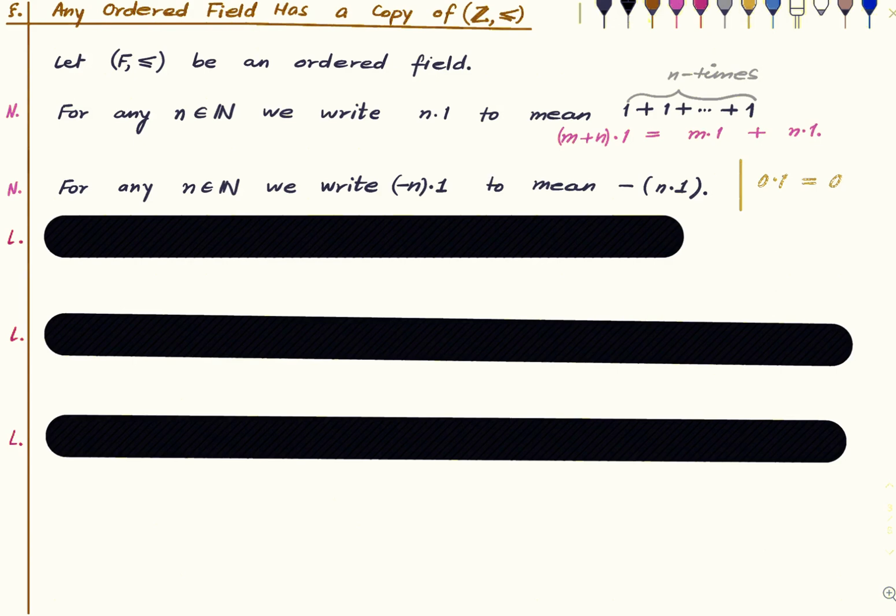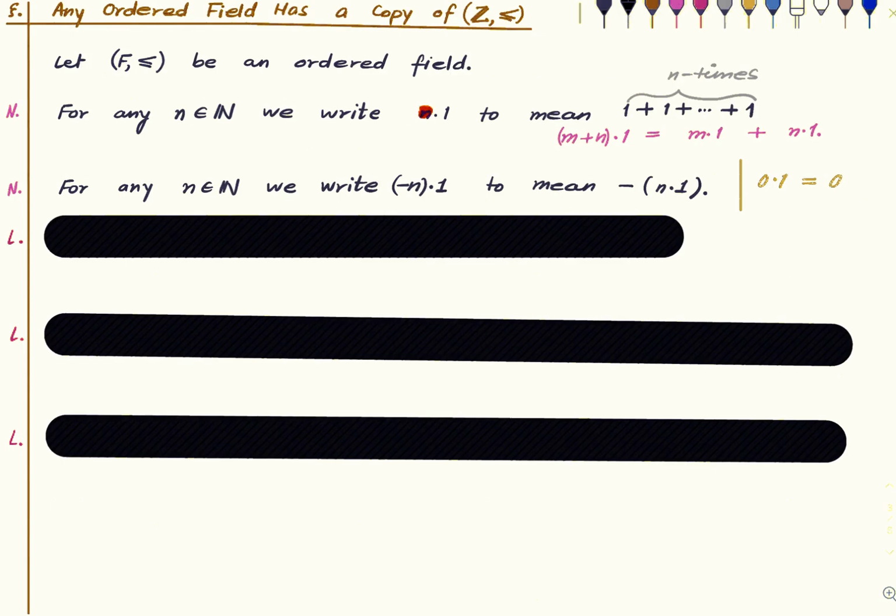So I should have said, this 1 refers to the multiplicative identity of the field. Do not confuse this with the natural numbers. Well, even if you do confuse it with natural numbers, it is not wrong, but then we will be talking about something else. So this is the multiplicative identity of the field, and this is therefore an element of the field.